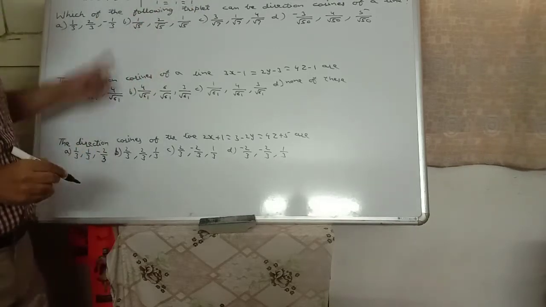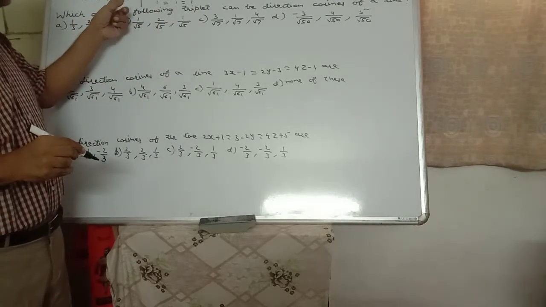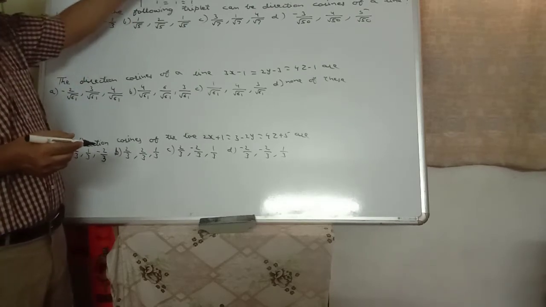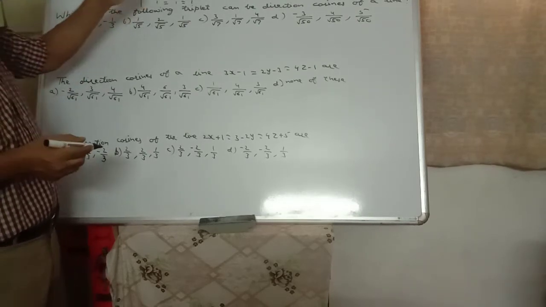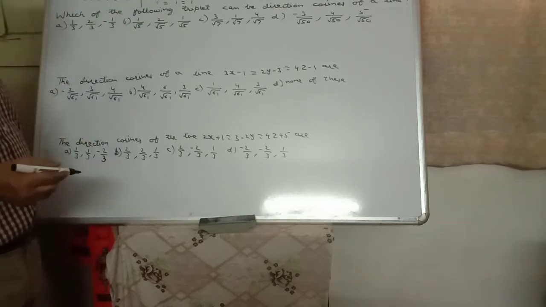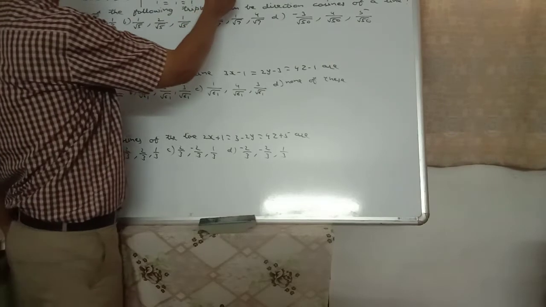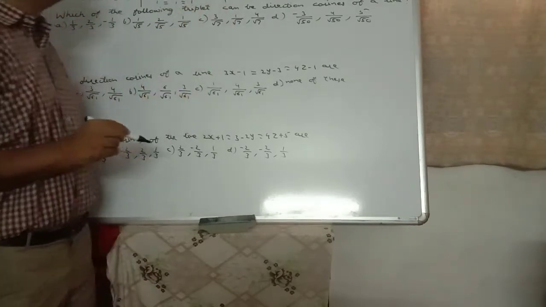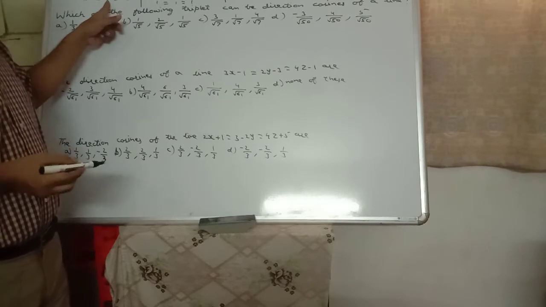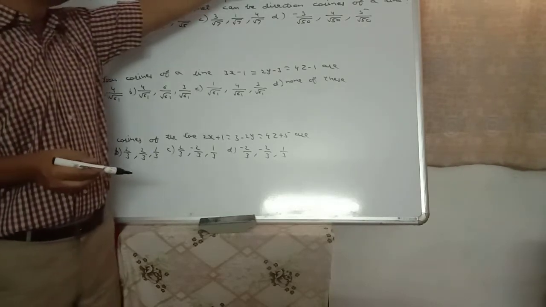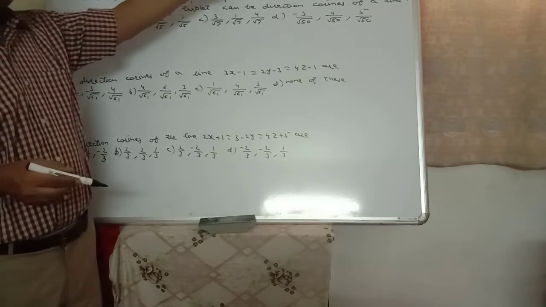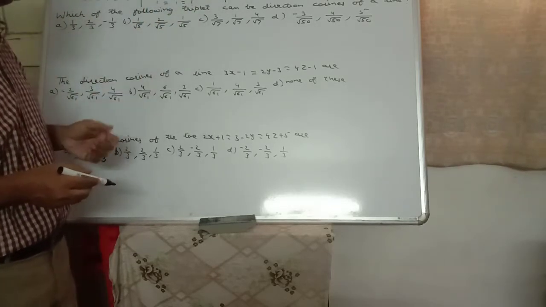It means that the coordinates of point B satisfy the equation of this line. So point B lies on the first line. Now for the second line, we need not verify the coordinates of point B because point B lies on this line. So the coordinates of point B will satisfy the equation of the second line.